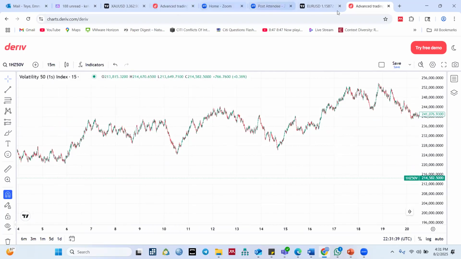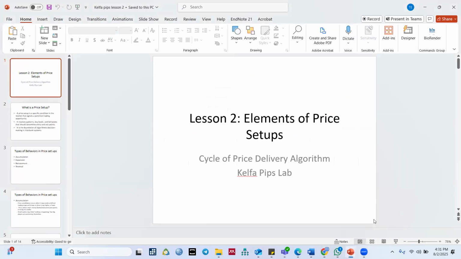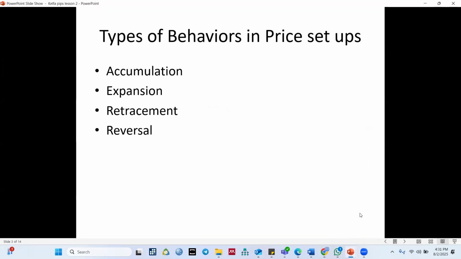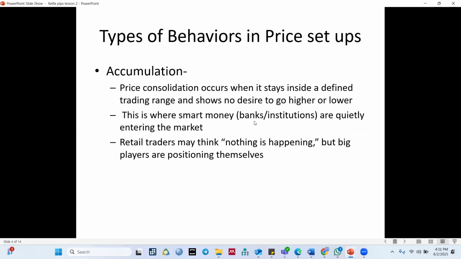So this is what we call accumulation. Let's move on quickly. This is where smart money, banks and institutions are quietly entering the market.